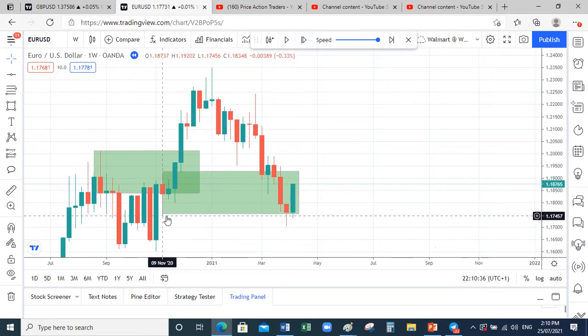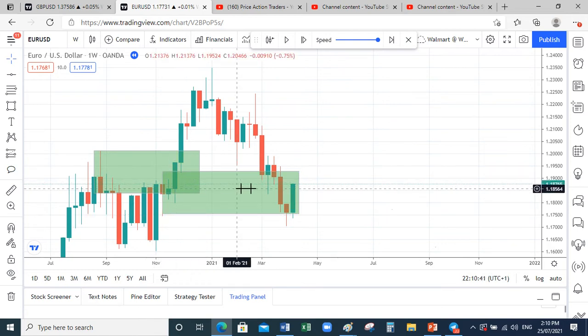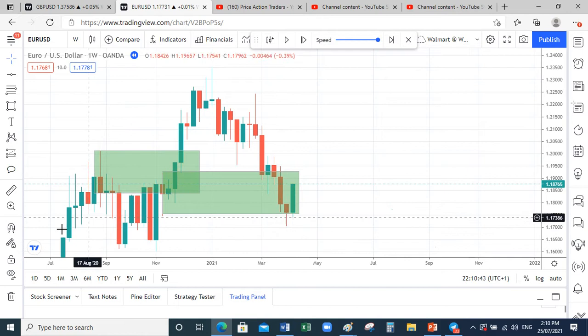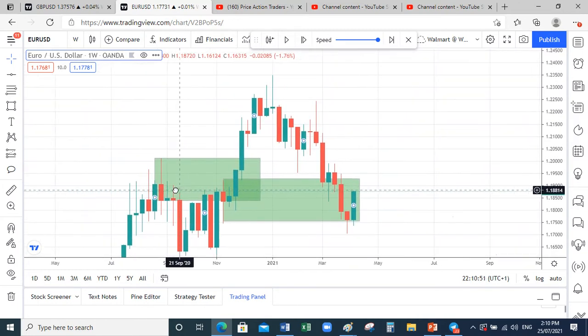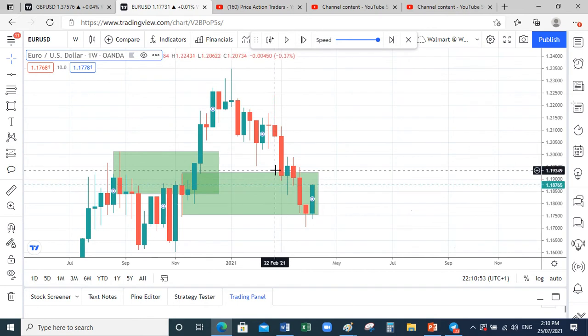It does not close below this place. Price does not close below this place. See rejection. That's a clue. That's another clue for you.